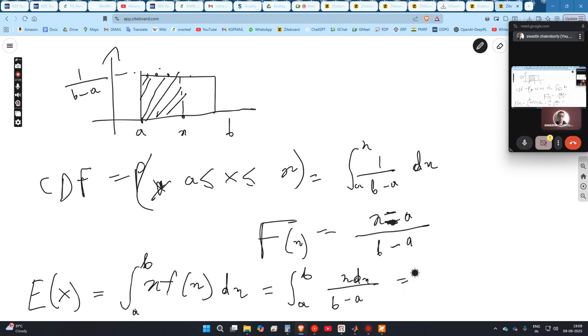Now, if we want to calculate it for the uniform distribution, the integration of x dx is x square by 2. So it's b square minus a square by 2(b minus a). Now, b square minus a square is (b plus a) into (b minus a).